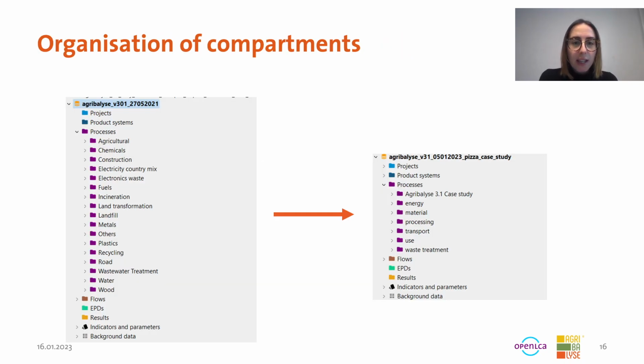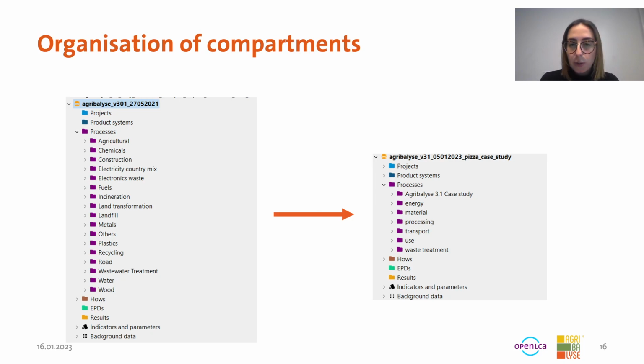How it looks then: before, it used to have this folder structure, divided in openLCA, divided into the different sectors and activities, and now the database came in using these main folders, and if you expand these folders, then you get the same information as before.